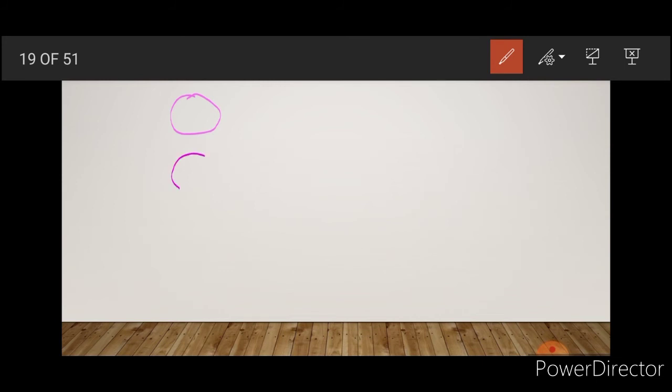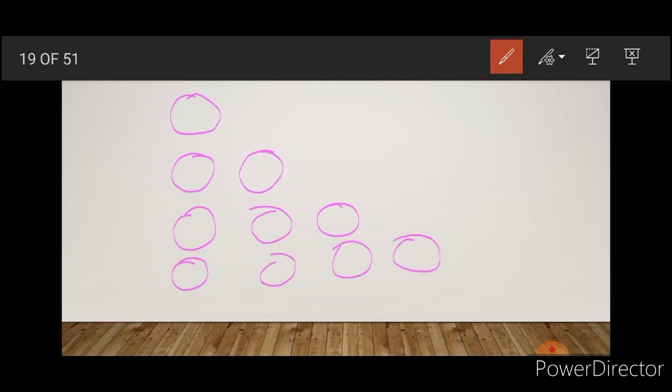1 ball, 2 ball, 3 ball, 4 ball, 5 ball. My screen is showing this much only.